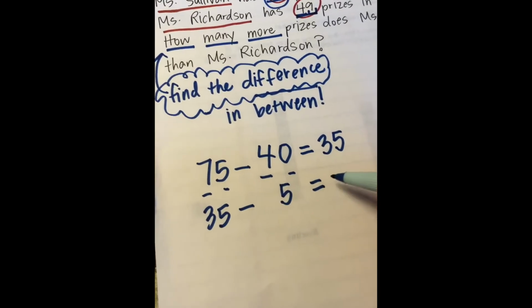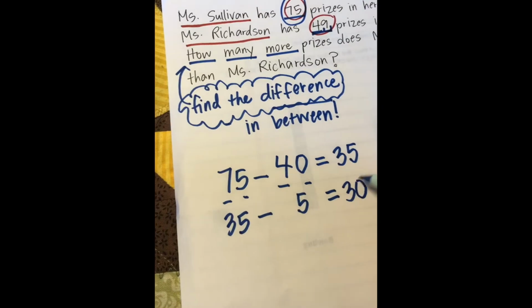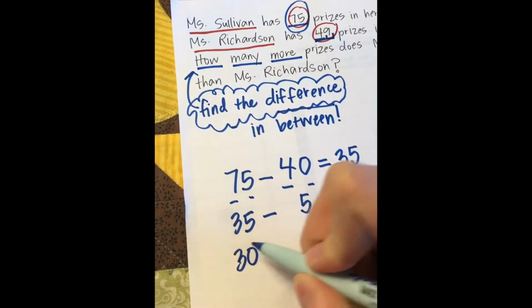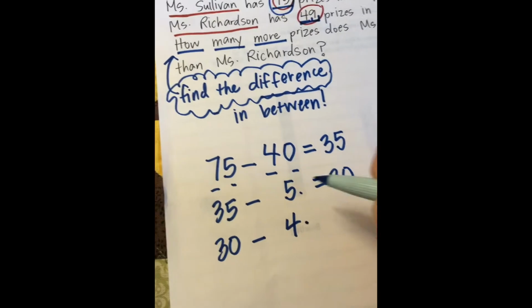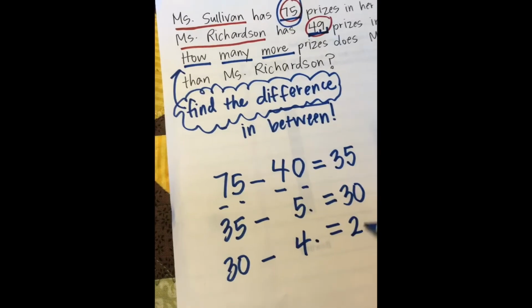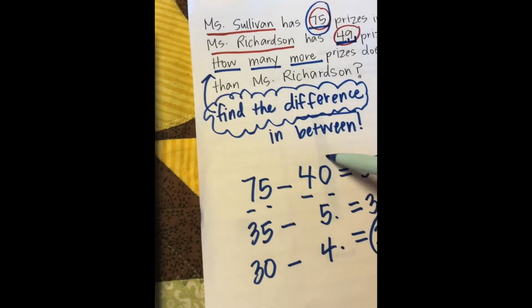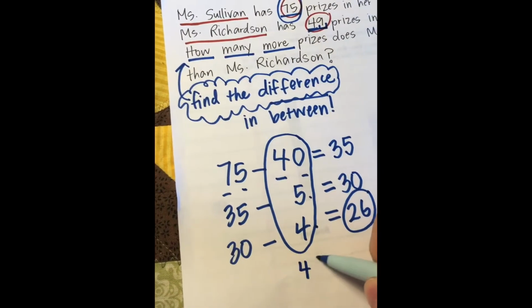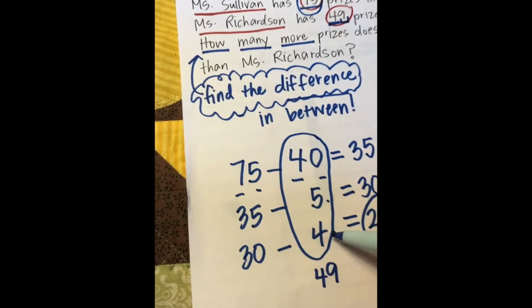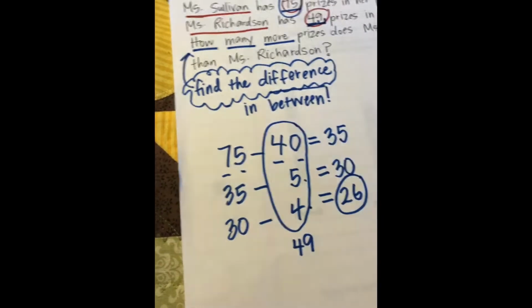So 35 minus 5 is 30. And then we would do 30 minus 4, because 5 and 4 together makes 9, to get the answer of 26. In the middle is 49, because 40 plus 5 plus 4 equals 49.